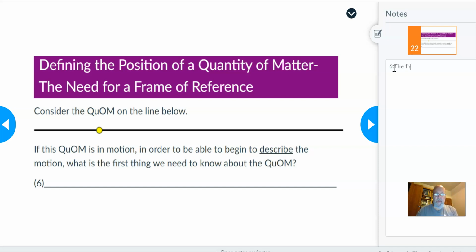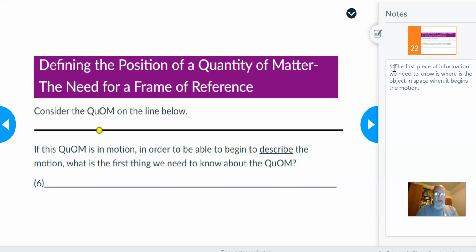The first piece of information we need to know is, where is the object in space when it begins the motion?